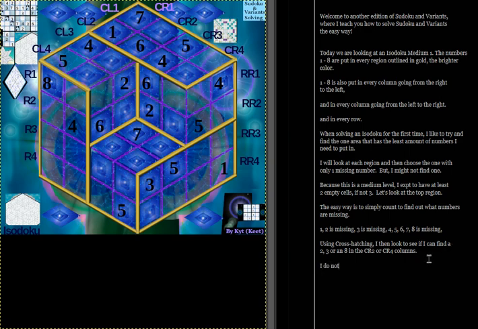I do not see a 2, 3, or an 8. Looking at CL1 and CL2, I also do not see a 2, 3, or an 8.